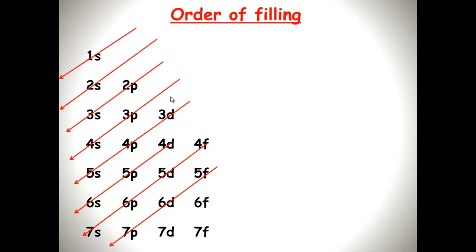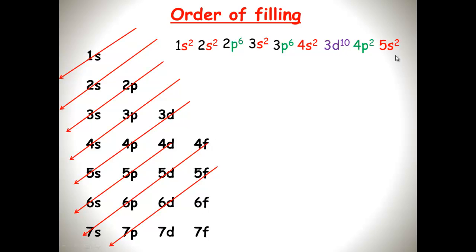Now follow the arrows down. So here, and we know it's 1s2. Next in order is 2s2. Keep following the line. Start at the top of the line. So we've got 2p and 3s. Next, we've got 3p and 4s. Next, we've got 3d, 4p and 5s.